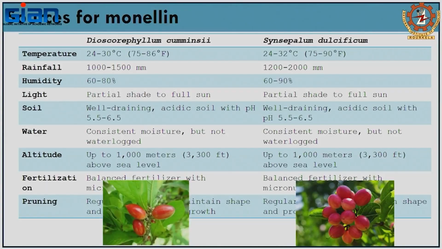So while talking about monellin, there are a lot of artificial sweeteners in the food industry. Monellin is one among them. Even though it does not have GRAS status, studies are going on to get the GRAS status.